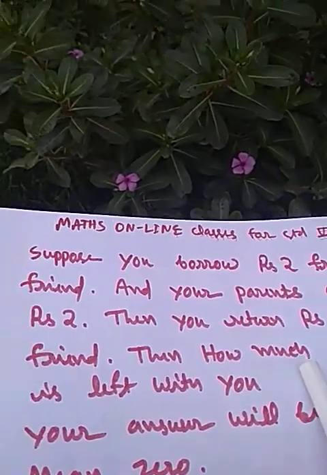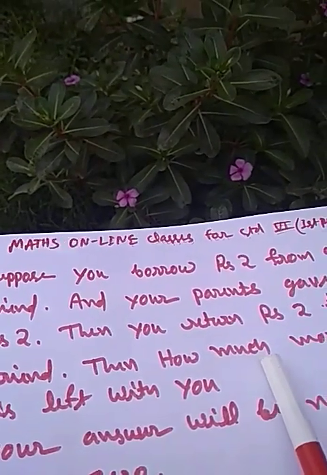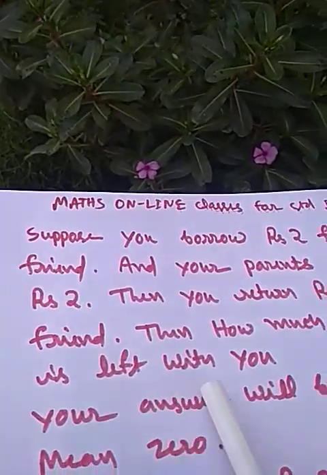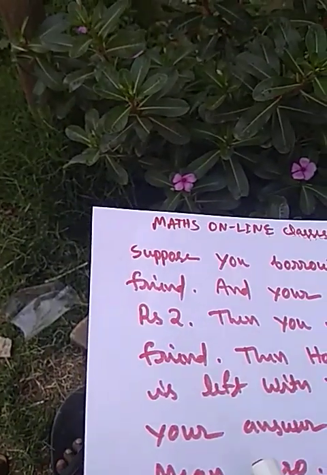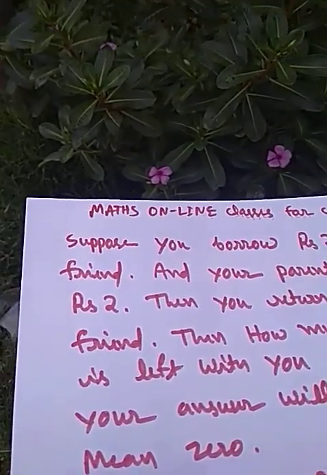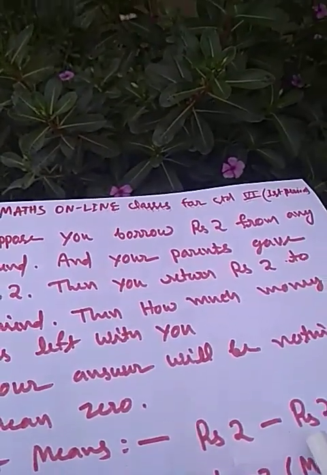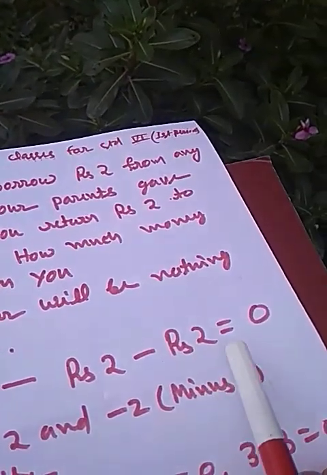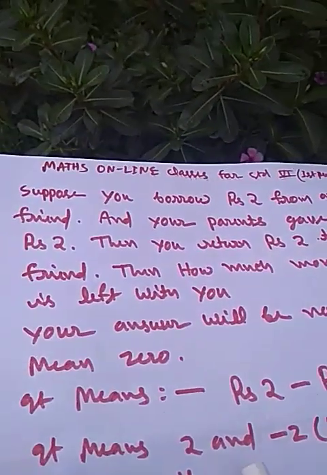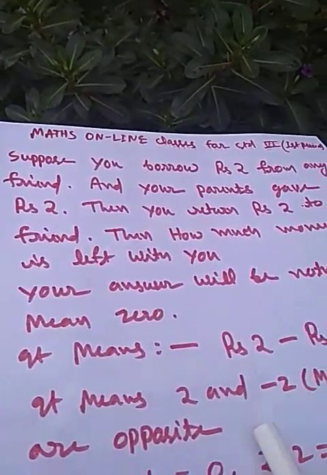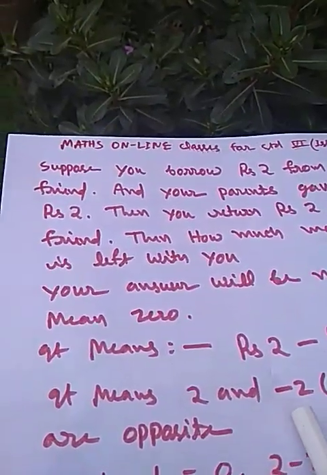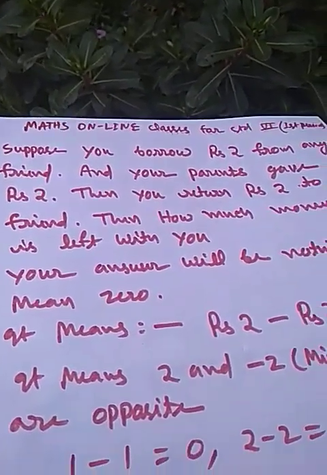How much money is left with you? Your answer will be nothing, meaning 0. It means 2 rupees minus 2 rupees is equal to 0. It means 2 and minus 2 are opposites, so that is equal to 0.